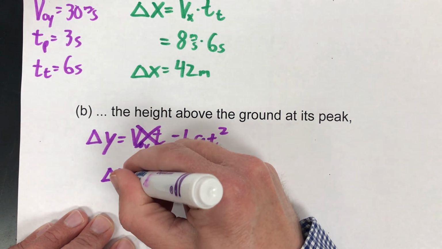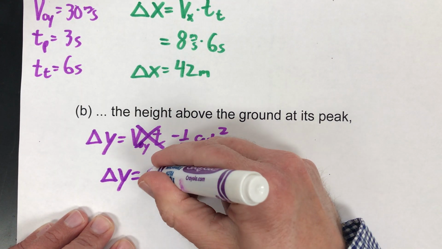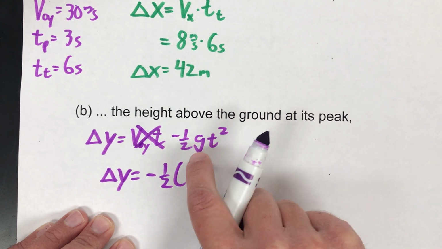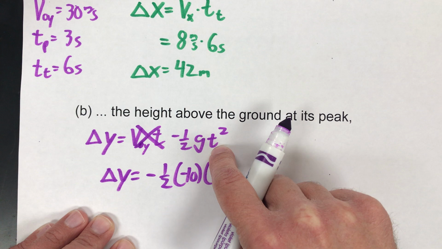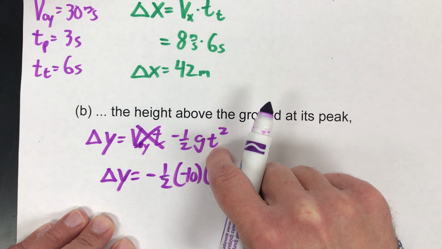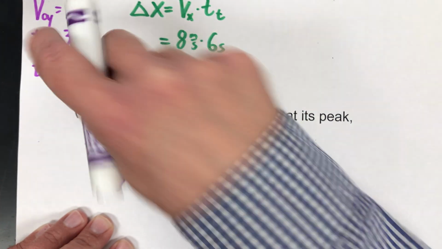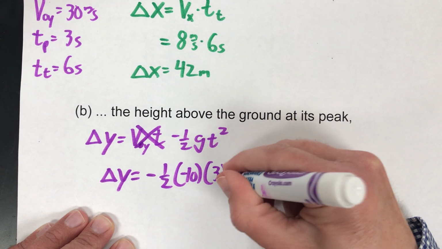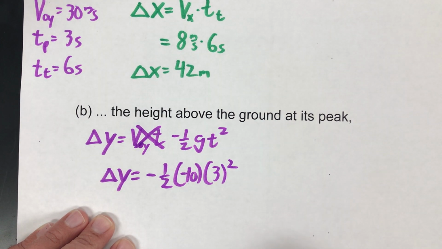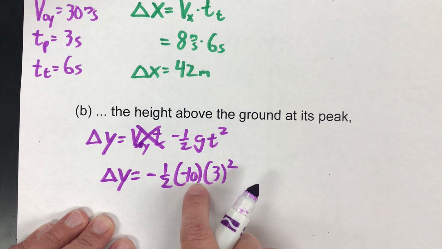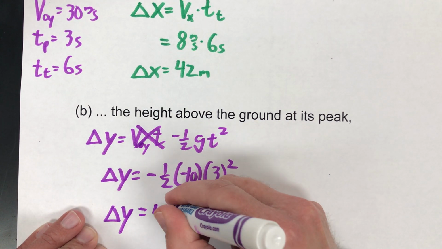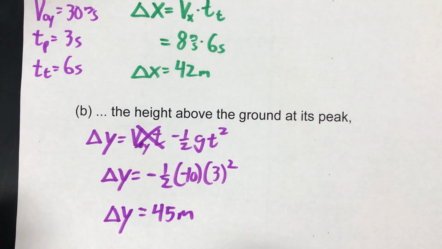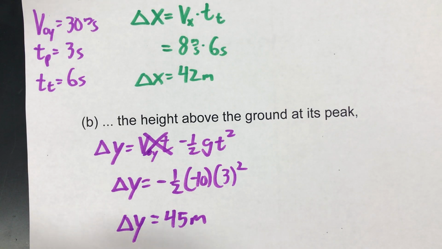So then when we go to solve for our displacement, it will be minus 1/2 times the acceleration due to gravity, which is -10, times our time squared. Now be careful. This time is the time to the peak. So it's 3 seconds, not 6 seconds. So we'll square that there. 3 squared is 9, times 10 is 90. Half of that is 45, which means we will go up to a height of 45 at our maximum peak there.